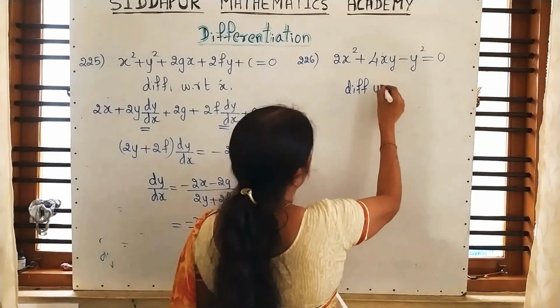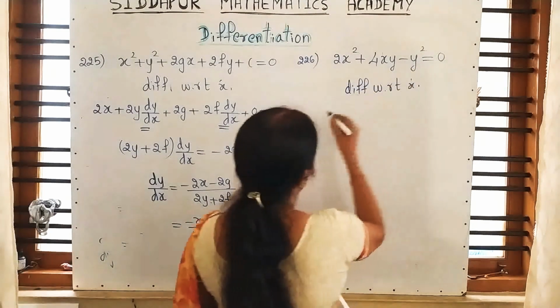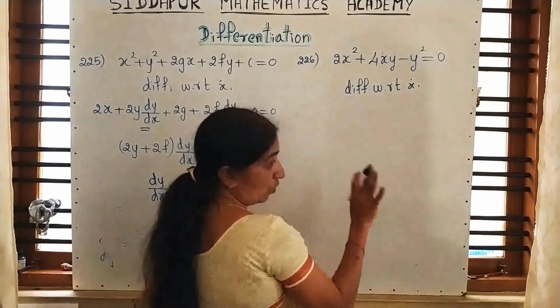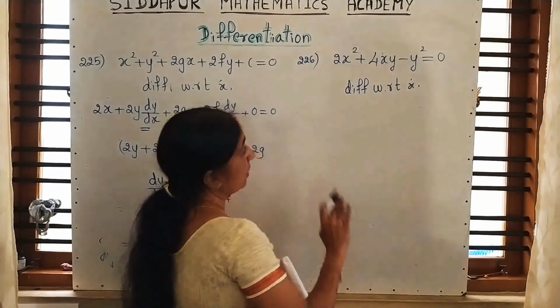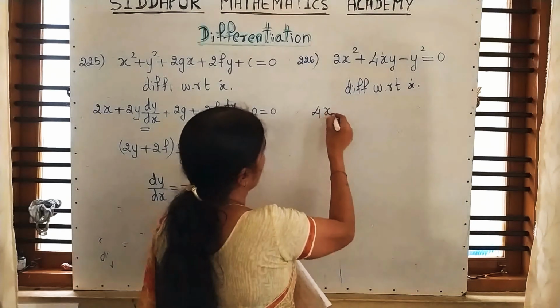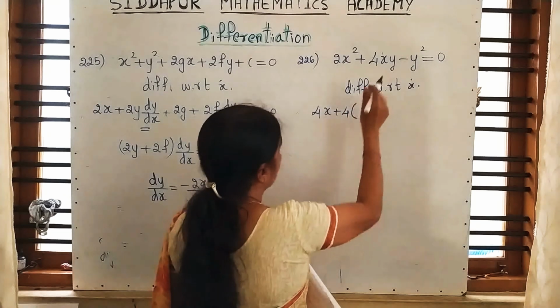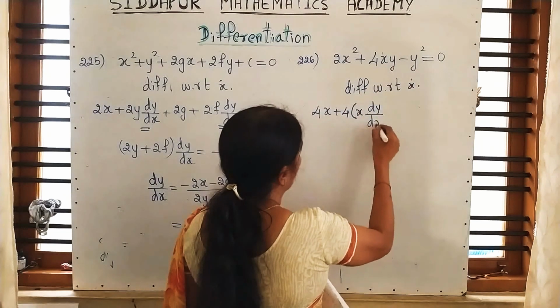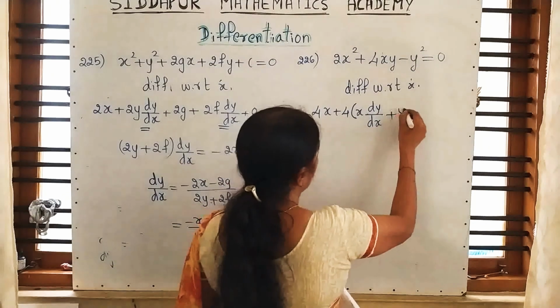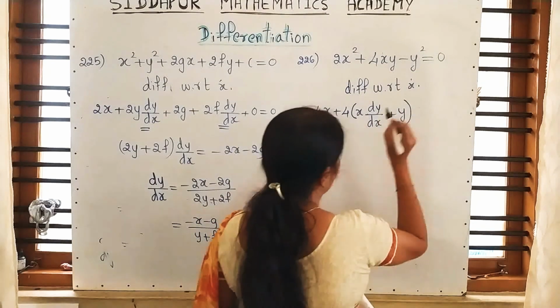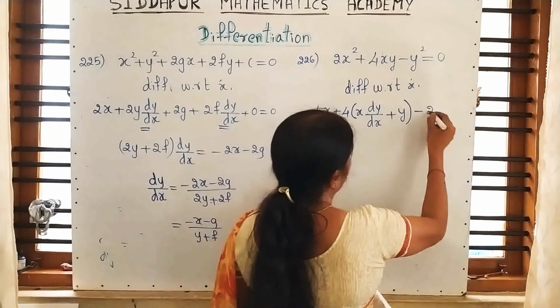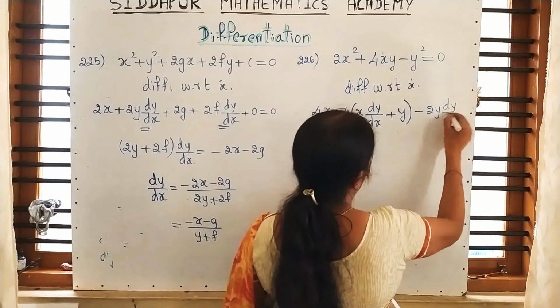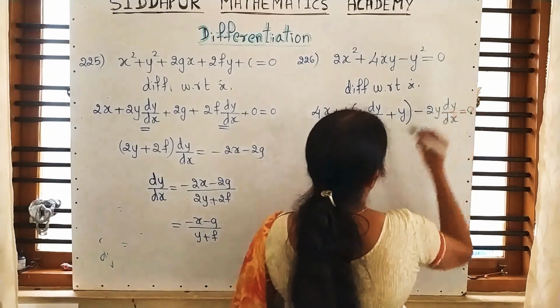Differentiating with respect to x. 2x², 2 constant, differentiation of x² is 2x. 4 in the bracket, u into v: x as it is, differentiation of y is dy/dx, plus y as it is, differentiation of x is 1, minus y², which is 2y dy/dx, equal to 0.